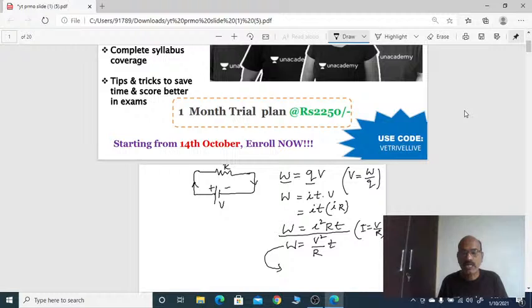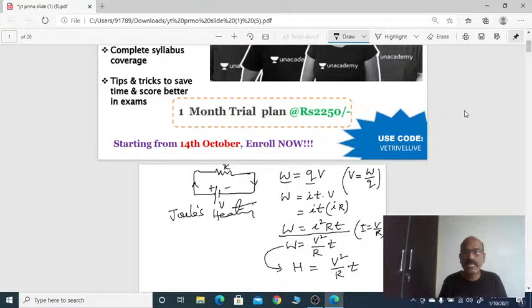This work done appears only in the form of thermal energy across the resistor. So we can write this as heat: V square by R into T. This is actually called Joule's heating.